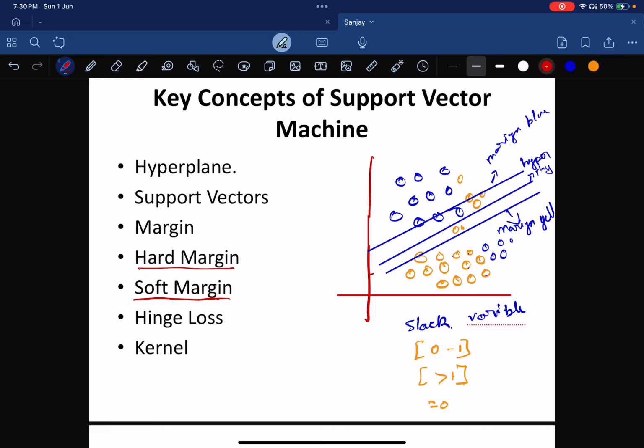During the soft margin, we assign the slack value to the data points. And the kernel function is used when the data is not linearly separable. The kernel function will transform the data points into a higher dimension. So in the higher dimension, we can separate the data linearly.